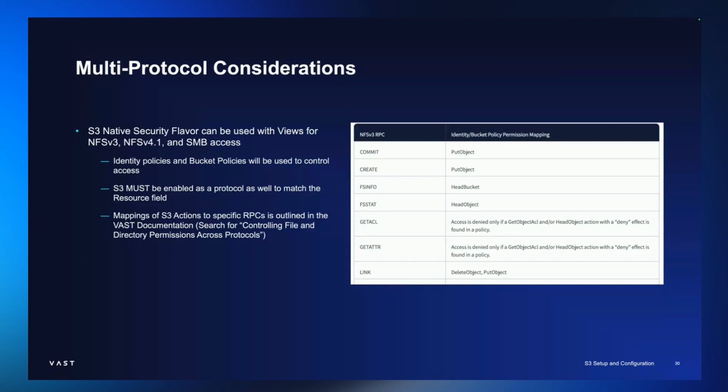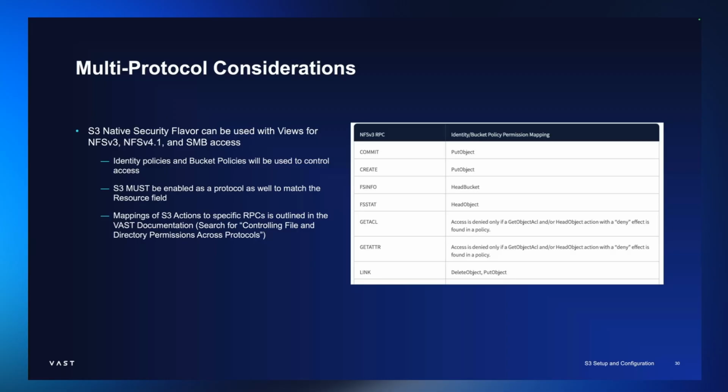Now, the one thing to be aware of is that in those cross-protocol situations where your permissions are controlled by an S3 identity policy or an S3 bucket policy, you're not going to be able to see those permission models reflected over NFS or over SMB.